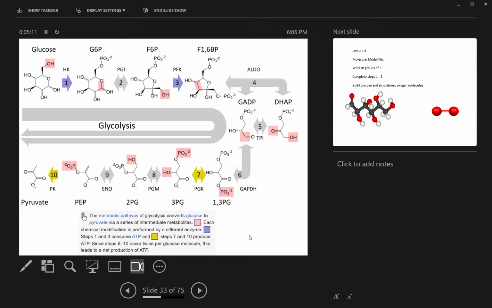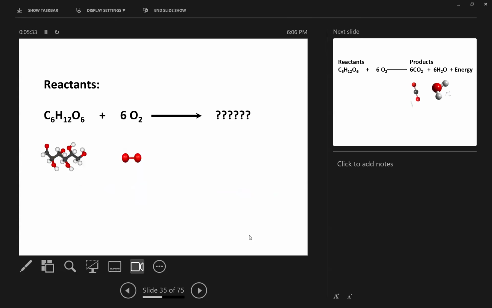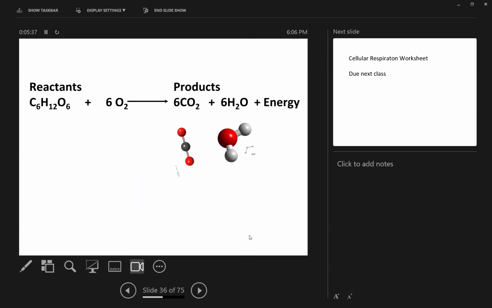All right, we're not going to do that. Usually I bring in these model kits and you build a glucose molecule and then you build a bunch of 6 little oxygen gases, just to go through what happens. And then you're asked to basically tear it apart and see how many carbon dioxide and waters you can make.